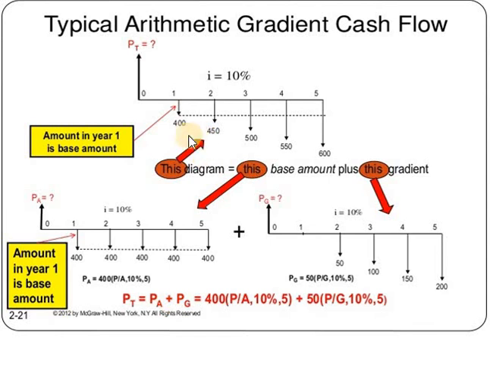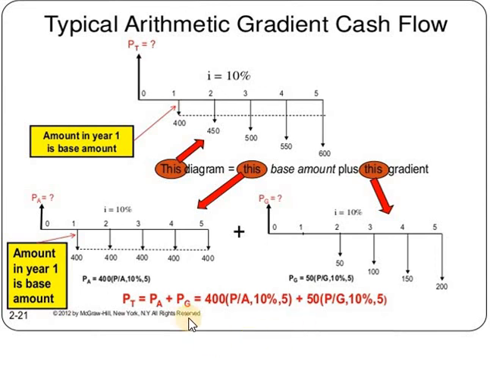But if this amount was 400, then it became 350 and 300, then this is a decreasing gradient of 50. So just change the sign here. We only change the sign here to become negative in the case of a decreasing gradient, but the rest of the calculations remain the same. So looking back at this cash flow diagram, I want to get the present worth of this gradient.